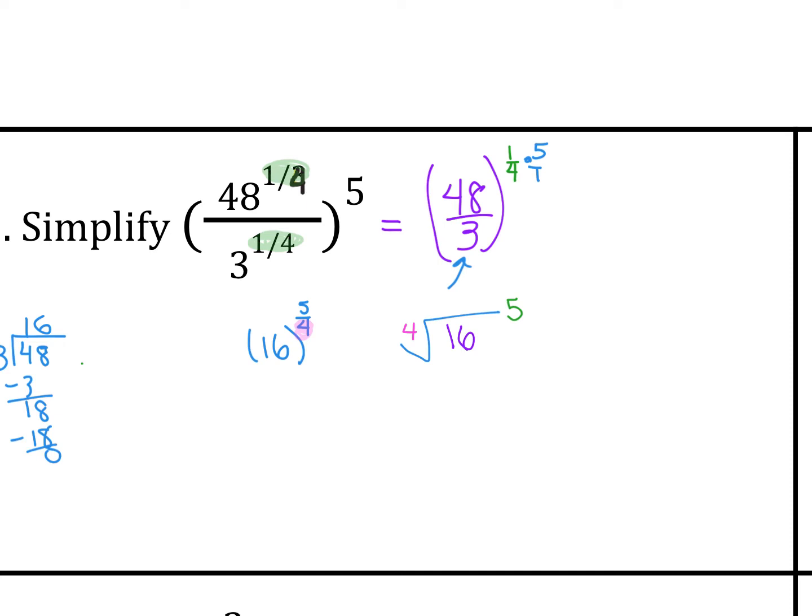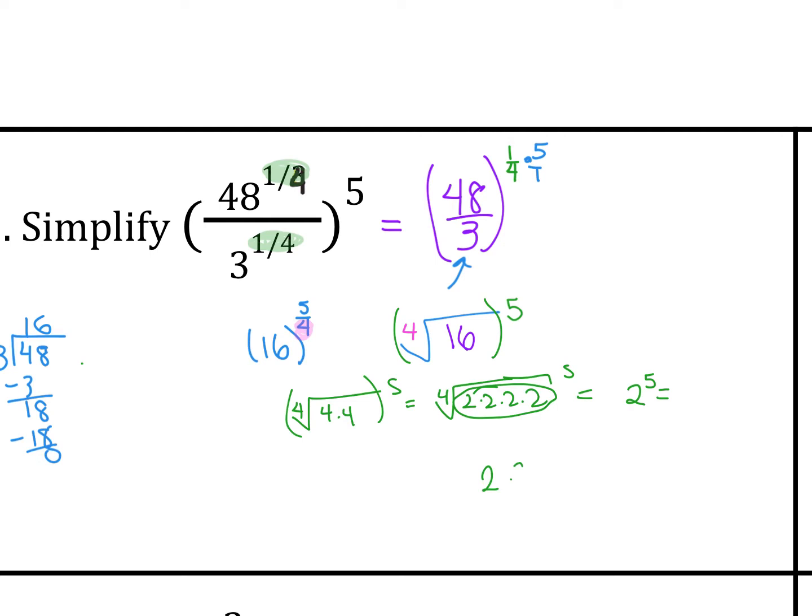Now we evaluate the 4th root of 16, so we need 4 of something. 16 is 4 times 4, which breaks down to 2 times 2 times 2 times 2. So it comes out perfectly as 2 to the 5th power, just like that last question. 2 times 2 times 2 times 2 times 2 is 32.